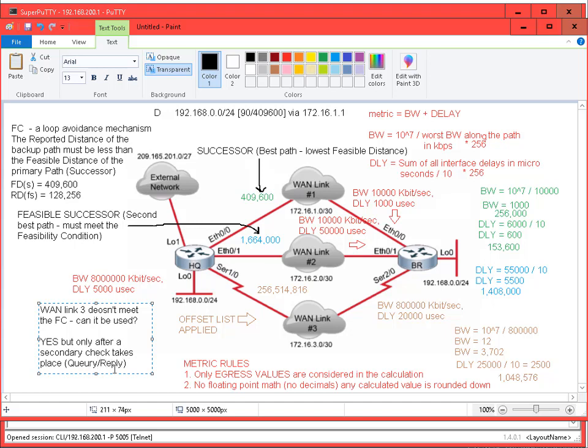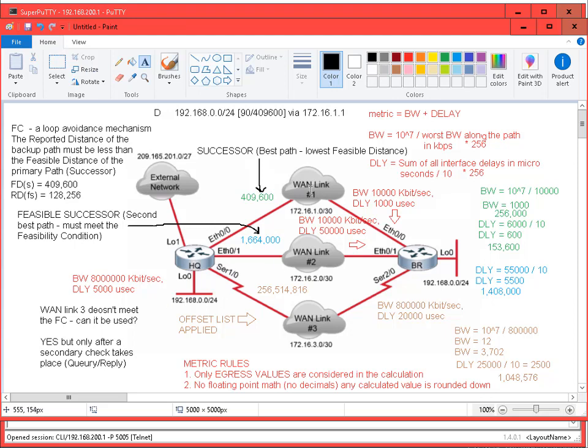Query/reply. All right. So essentially what's going to happen is if WAN link 1 fails, we'll immediately start using WAN link 2. But if WAN link 2 fails, HQ is going to say, well, this metric is so high that it could potentially include the original path. So I'm going to send a query over to the branch router on that link, and I'm going to say, do you still have a route? I'm going the other way, sorry.